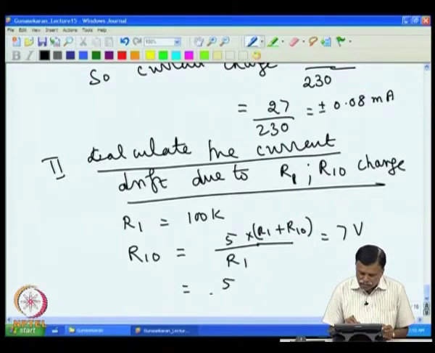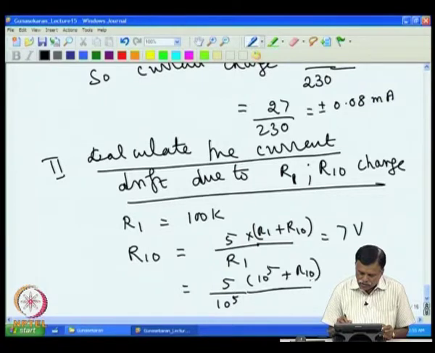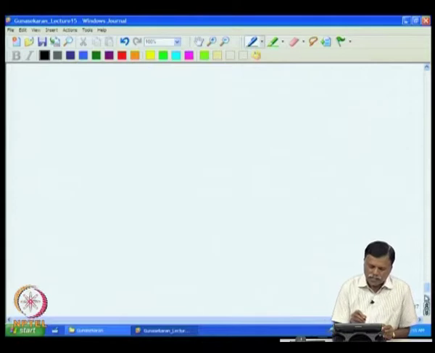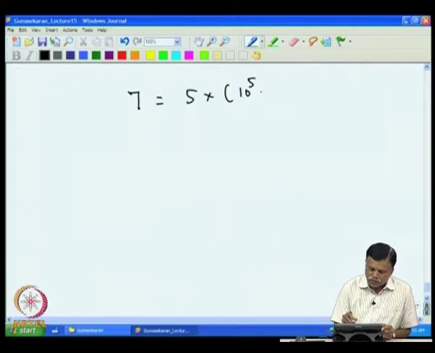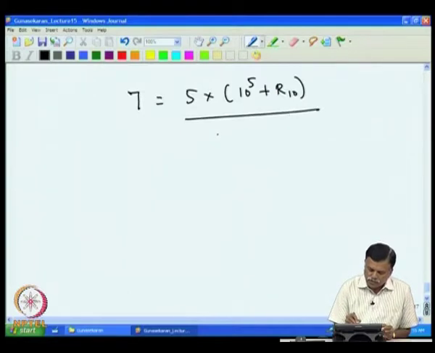So, 5 times (10 power 5 plus R10) divided by 10 power 5 is equal to 7 volt.